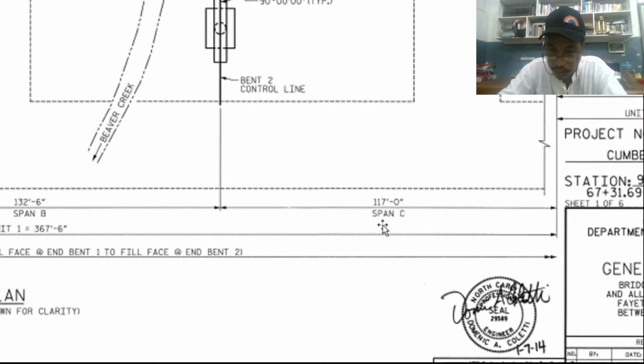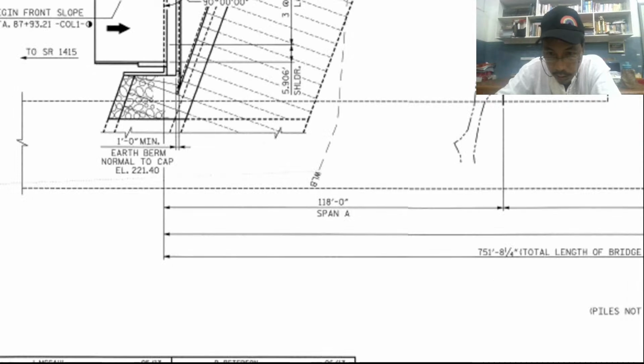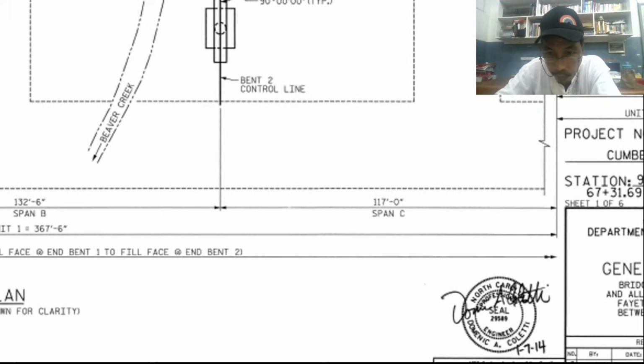So we can see what span C and span B are. There are different dimensions for the spans. Span A is 118. Span B is 132 and 6 inches. Span C is 170. Okay. So therefore, we have different span lengths.